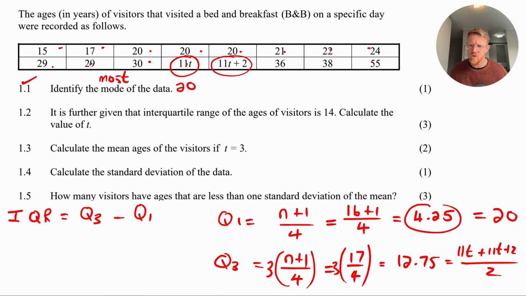And so if we work that out, that is going to be 22t plus 2. And if you divide that by 2, you would eventually end up with 11t plus 1.